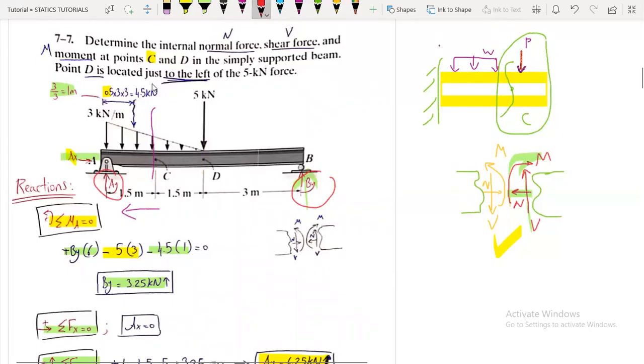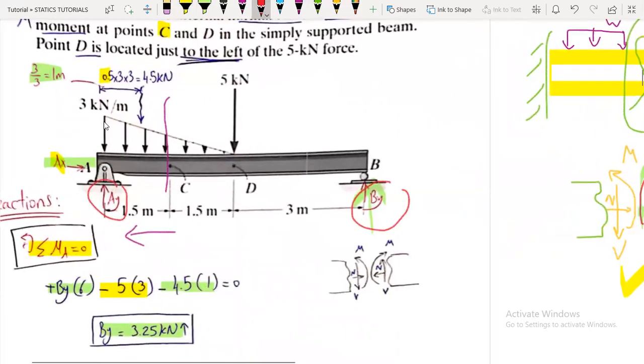So I have a triangular shape, which is this one, and the uniform distributed load, the rectangular shape. So I have two parts, but I have first to find the value of the distributed load at point C, from these two triangles, the full triangle and the small triangle.